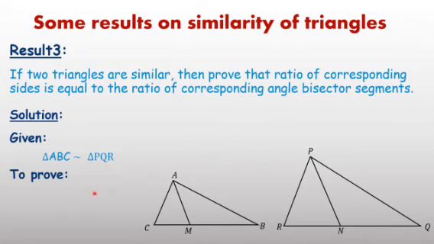Given part is same. In proof, ratio of corresponding sides is same as ratio of angle bisectors, means AM upon PN. Here AM and PN are angle bisectors. Angle bisector means AM divides angle A in two equal parts, and here PN divides angle P in two equal parts. Therefore, it is known as angle bisector.